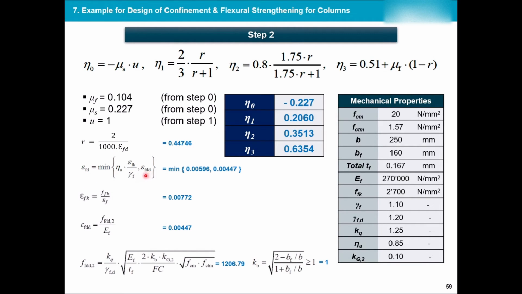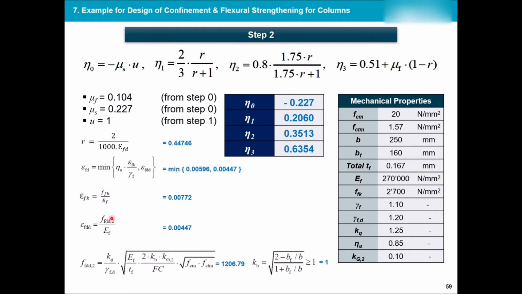So it's a minimum of either this or this. This bit, environmental factor, partial factor, epsilon fk, which you were getting from the factory results, so all done. This bit was the issue, which was FFD2, representing the mode 2 of the debonding, over the elastic modulus of FRP.